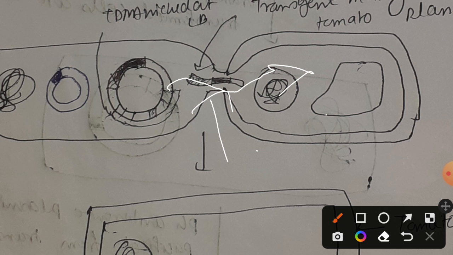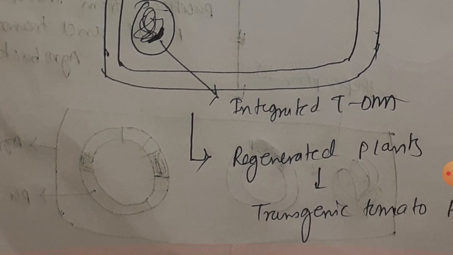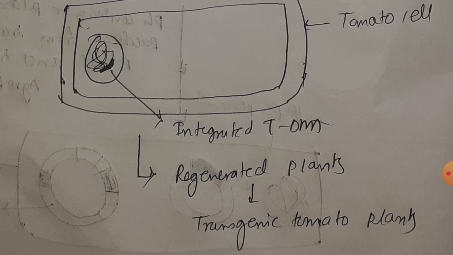It will be guided by a Vir protein named VirD2 mainly, and VirD1 is involved along with VirD2 in the nicking process of the left border and right border. So this VirD2 will guide that transgene inside the plant cell and it will be integrated with the plant cell nucleus, and now there is the generation of the new tomato plant cell.